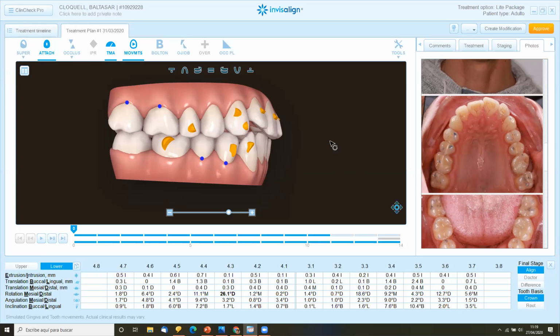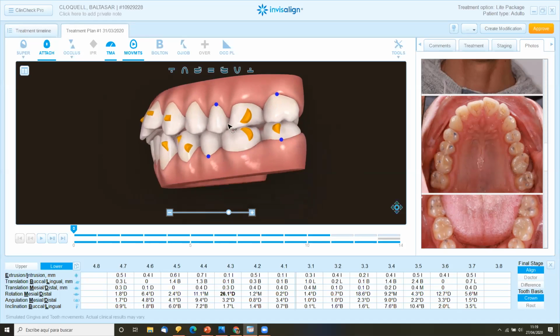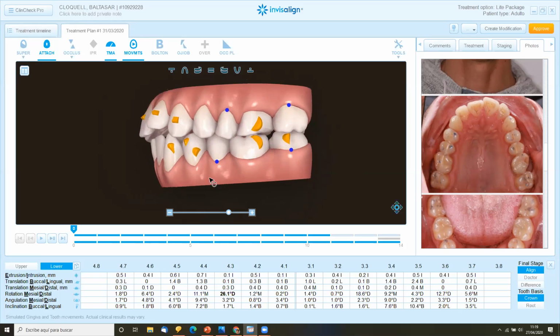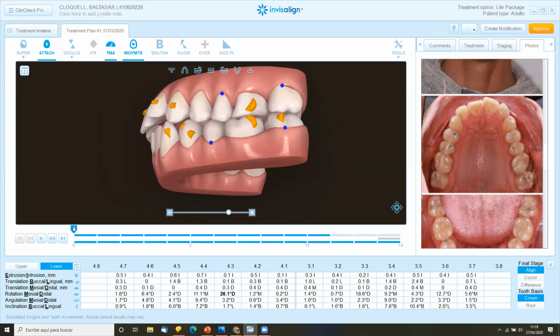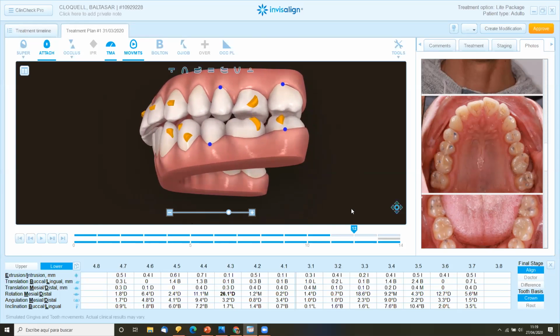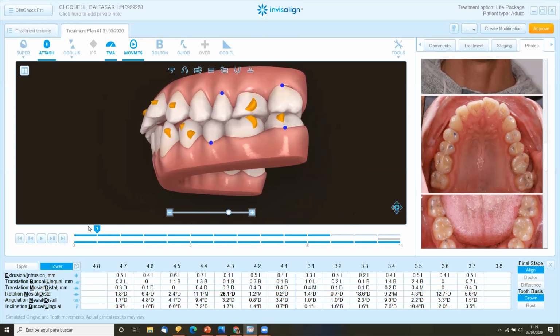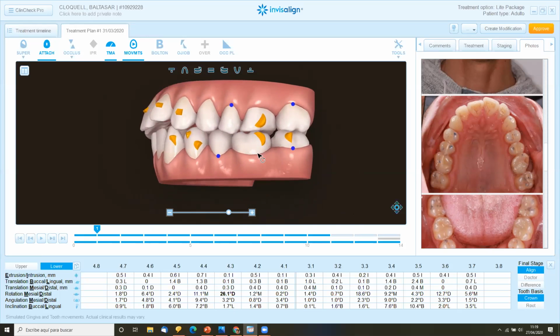So now I'm writing down my notes, and I'm not moving the molars. And what I'm doing, making those molars unmovable, is transforming this case into a much easier one. Okay? So look, a lot of points, intrusion, intrusion, intrusion.